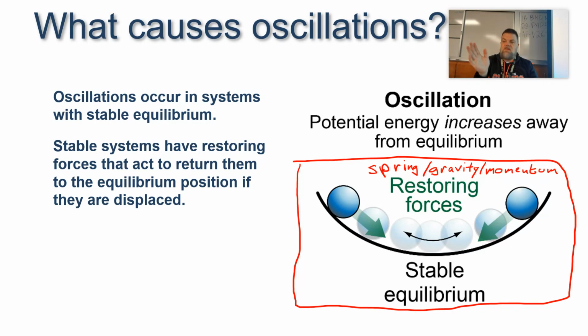So it's actually the string itself. It's either the guitar string or a rubber band or whatever that has some sort of elasticity that snaps it back and forth. So that restoring force creates a stable equilibrium, right?